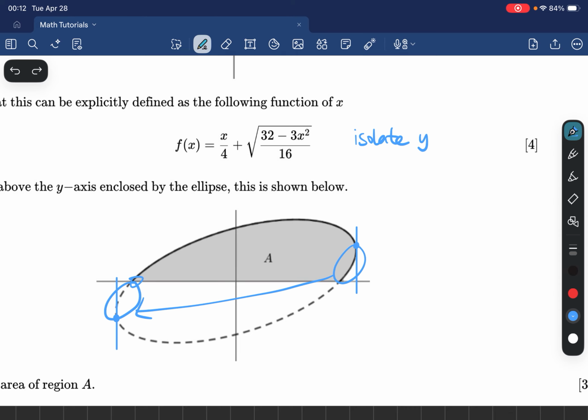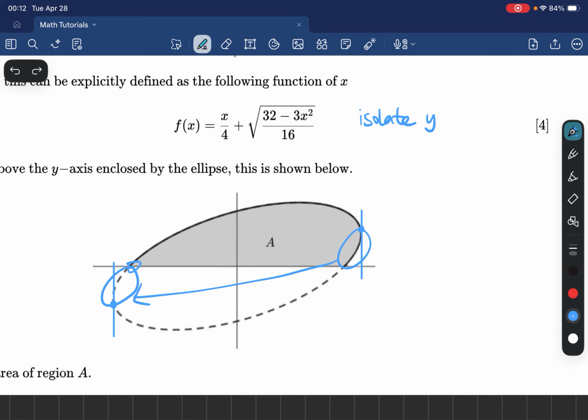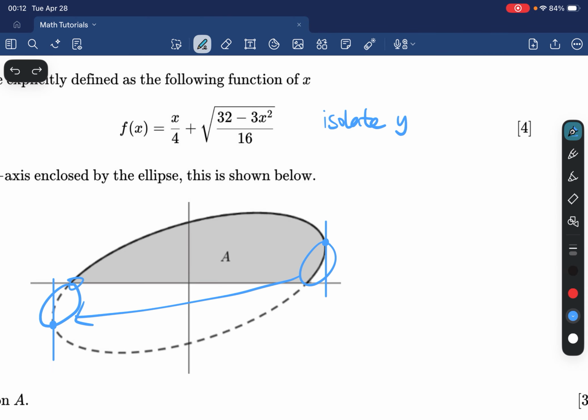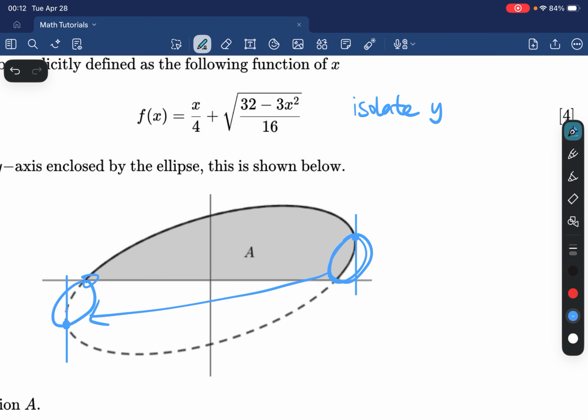But if you observe a little more carefully, we can make it look like what's given in part C. So we can just move this part of the curve down here, so that we now have this curve. And the area is not diminished because we just moved this extra part down here.